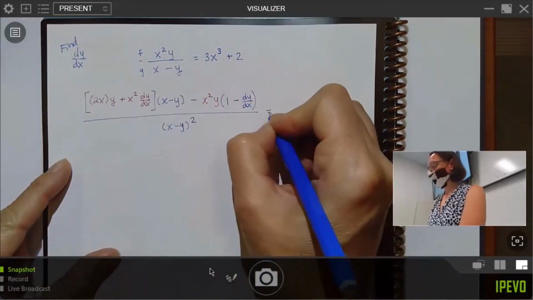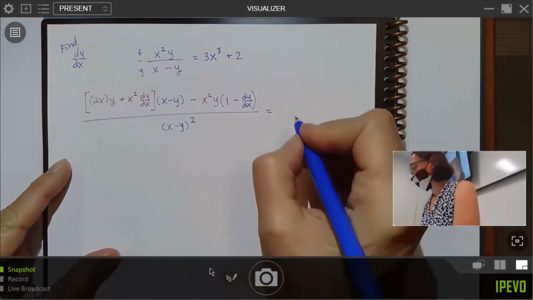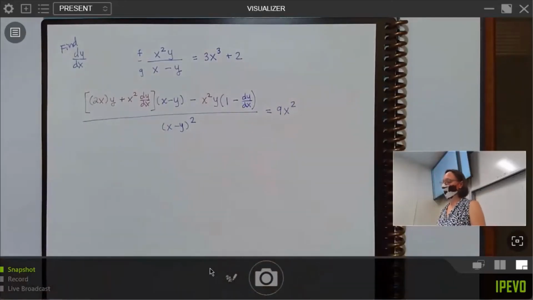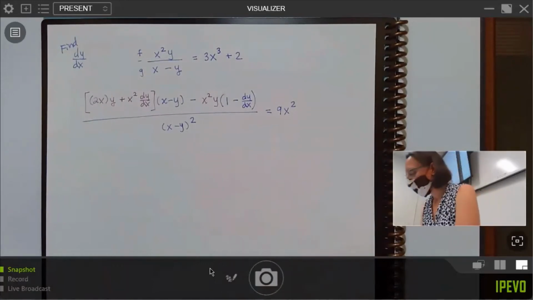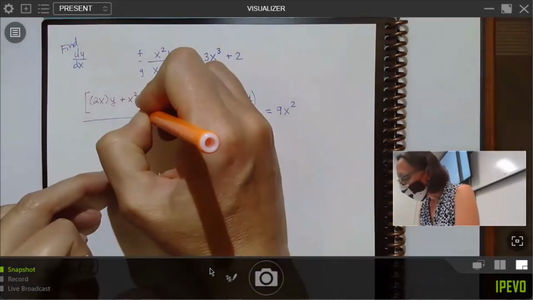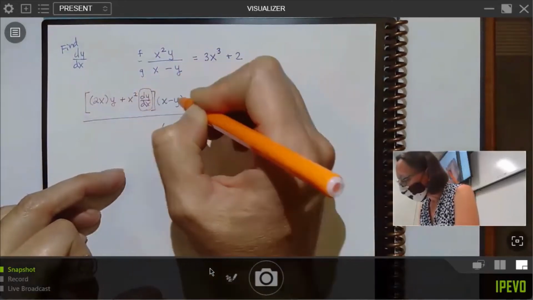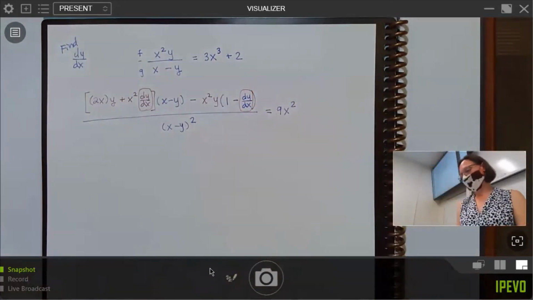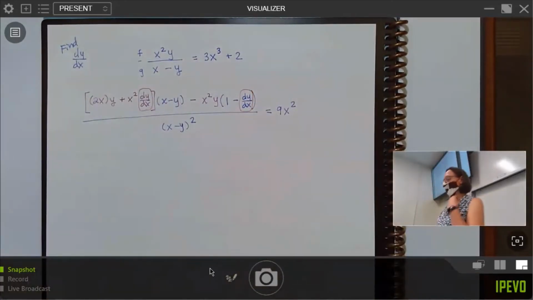And then we can take the derivative of the right-hand side, and I get 9x squared. Whatever else is going on, I know that my objective is to get these dy/dx pieces by themselves. There is a whole lot of algebra between me and that.